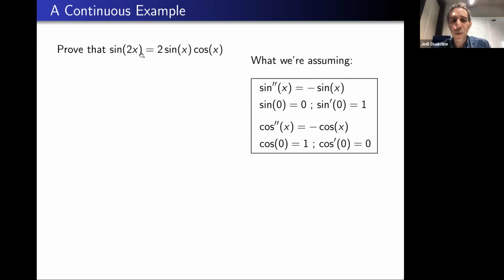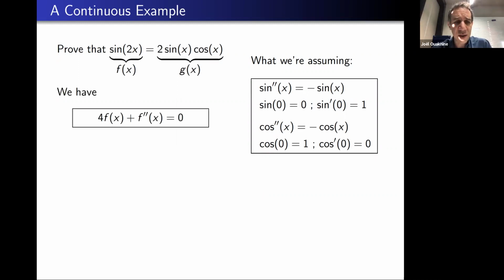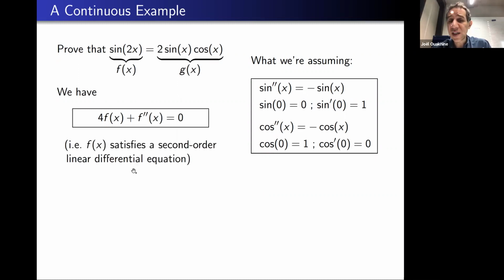And now how are we going to prove this? Well, the strategy is the same. We're going to label the left-hand side f of x, label the right-hand side g of x, find a differential equation for f of x minus g of x, and conclude that it is identically 0. So how does this work? The differential equation for f of x, by the chain rule and what's in the box, is there. So f of x satisfies a second order linear differential equation.